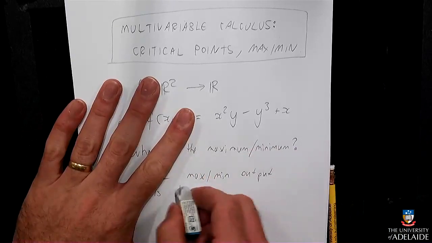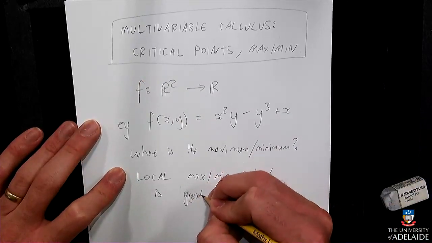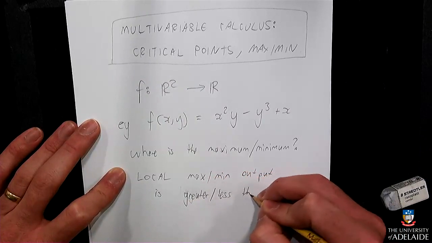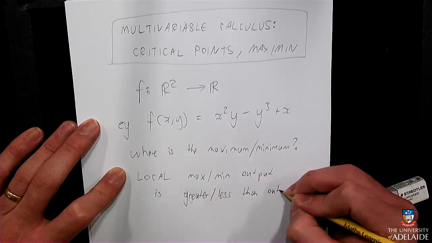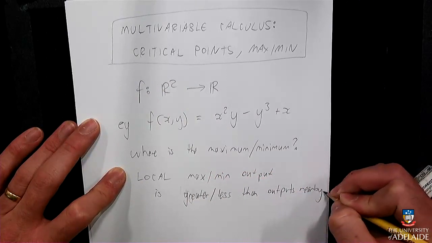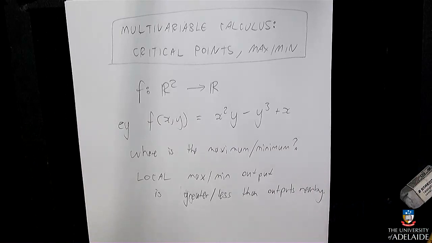I shouldn't use larger: greater or less than the outputs nearby. Okay, so that's what we're going to be looking for, local maximums and minimums where the output is greater than or less than the outputs nearby.